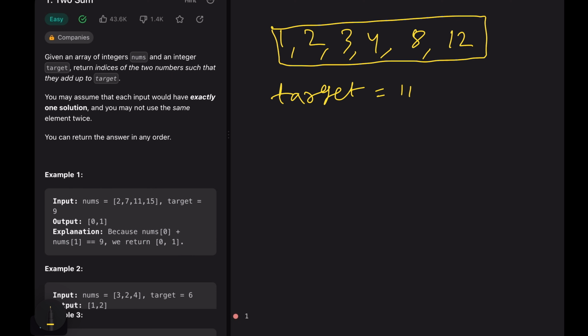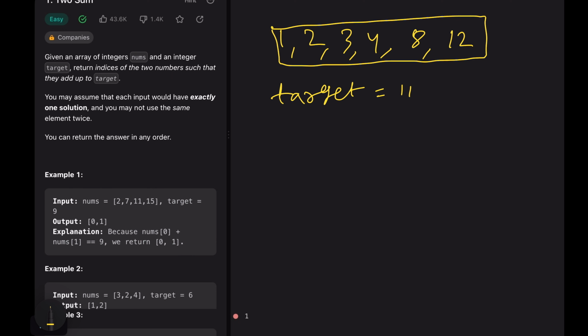What we are essentially doing is fixing one number and trying to find out if target minus that number is present in the array or not. For searching, we are wasting O(n) time, which can be saved if we use a hash map.